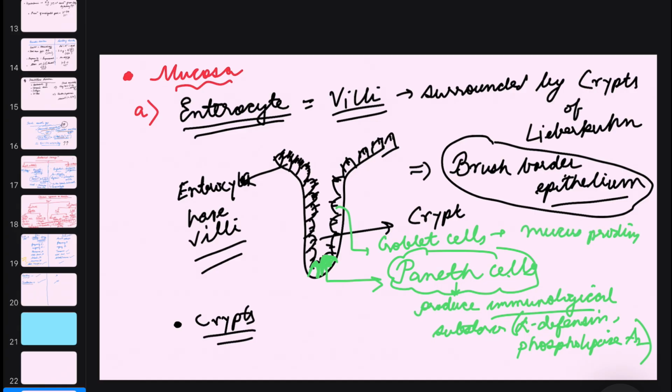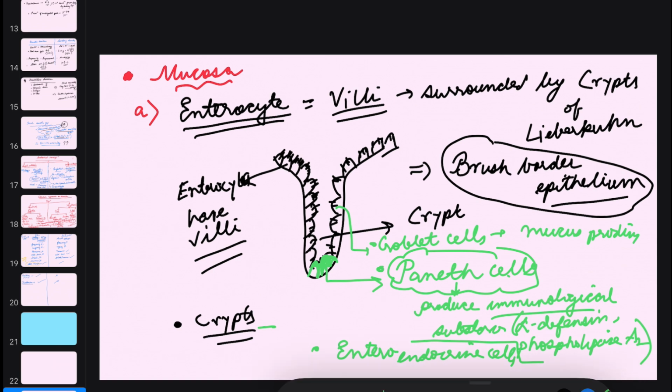Okay, and there are also other cells called enteroendocrine cells. So these three types of cells we find in the crypts of Lieberkühn: goblet cells, Paneth cells, enteroendocrine cells. Done.